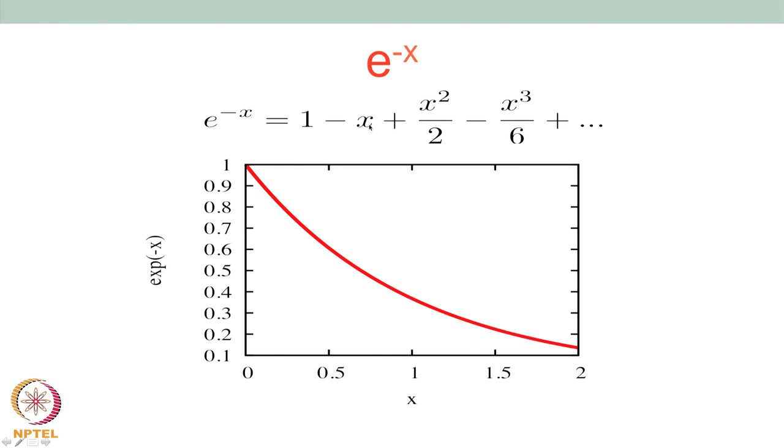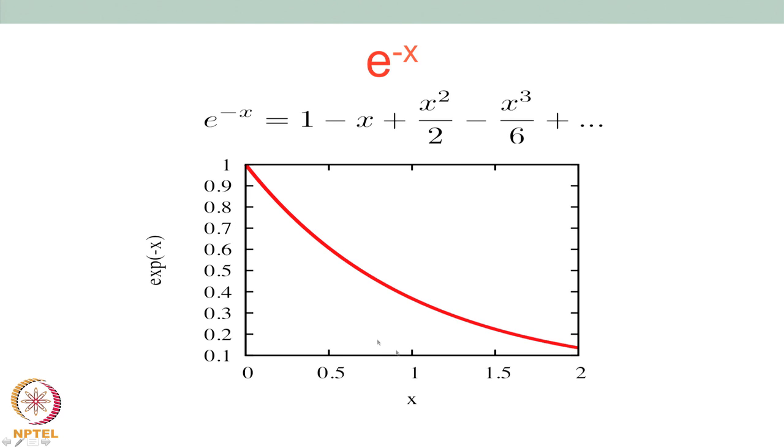And when you put x equal to 0, the other terms are 0. When x is 0, e power minus x is 1. So it starts with 1. When x is 0, the y value is 1. And then you put some positive x value, it will decrease. So this is a decreasing function. As x increases, y will decrease.